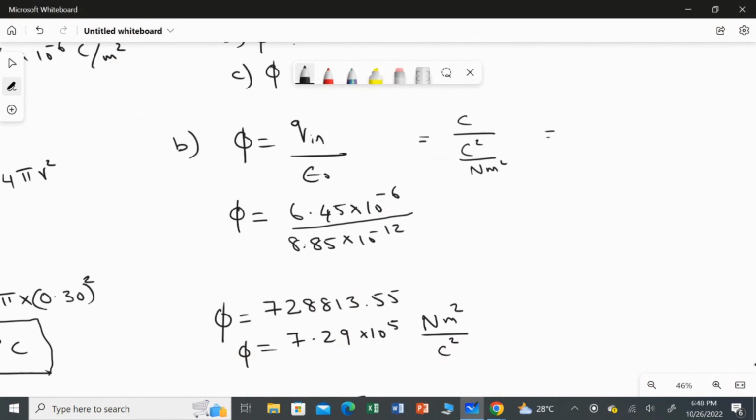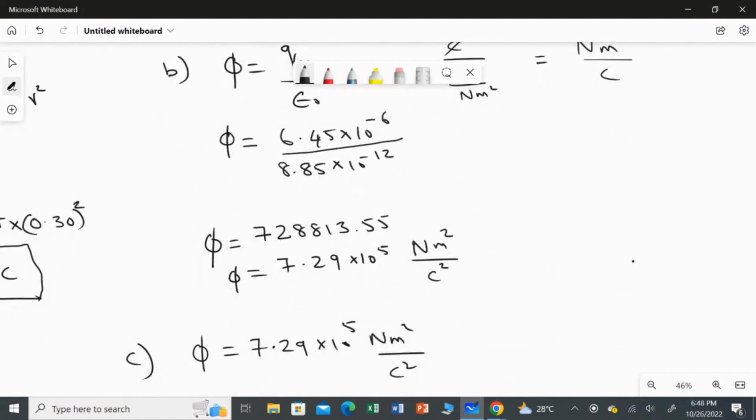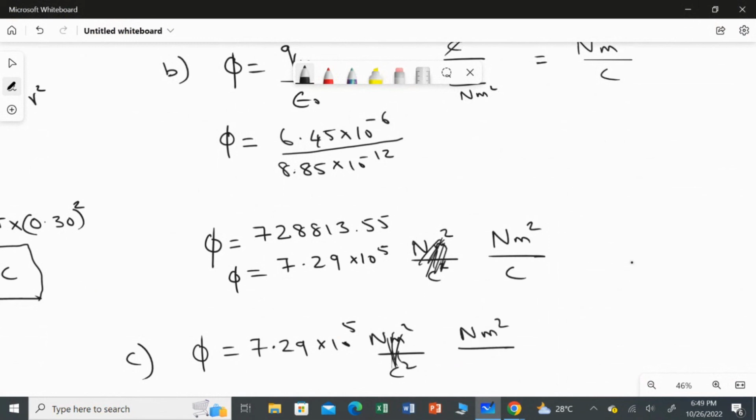This Coulomb gets cancelled with this Coulomb. Therefore, Newton meter square over Coulomb is the unit for the flux. But here I mentioned Coulomb square. So please kindly change this. This unit is not for the flux. The unit for the flux is Newton meter square over Coulomb. So here also, what's the unit? Newton meter square over Coulomb.